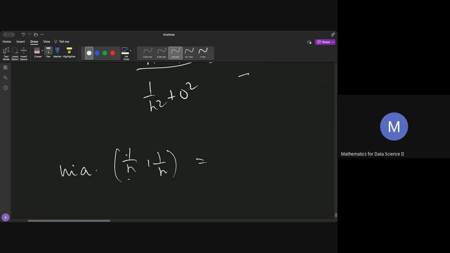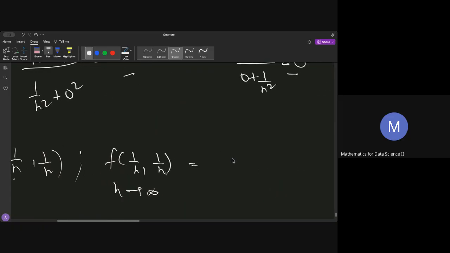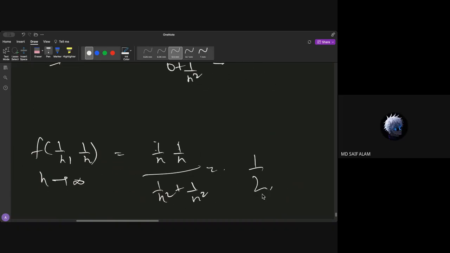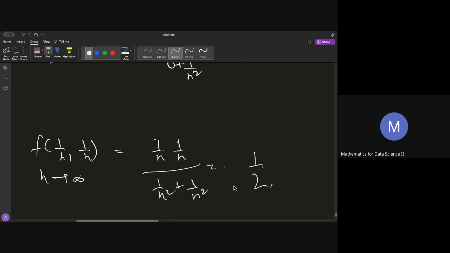So f of (1 by n, 1 by n) as n tends to infinity: this is x, this is y. xy divided by x square plus y square. So 1 by n square over 1 by n square plus 1 by n square. And this is half, 1/2, right? So this limit is half.